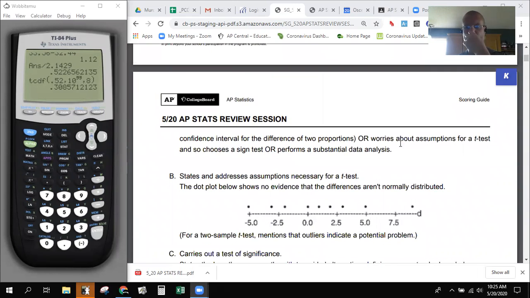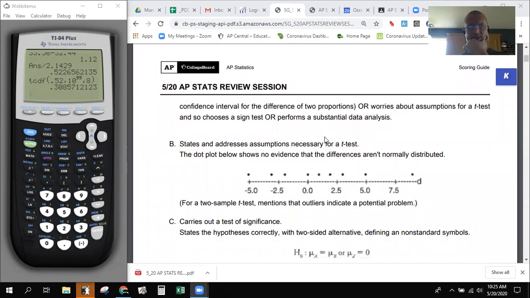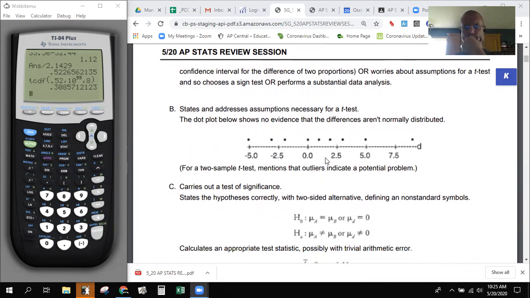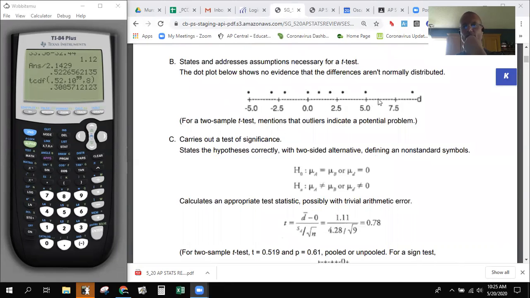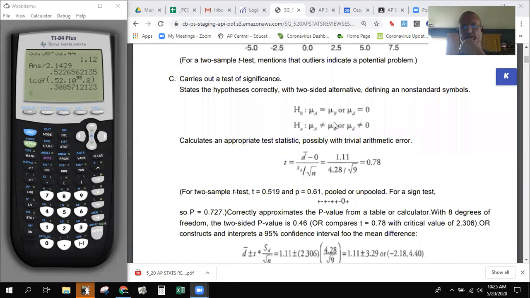That's what we did. And then we didn't do anything other than that. States and addresses the necessary t-test conditions. So the dot plot, we showed a dot plot, and then did the correct thing here. Mu D is equal to 0, mu D is not equal to 0. So we always use differences.